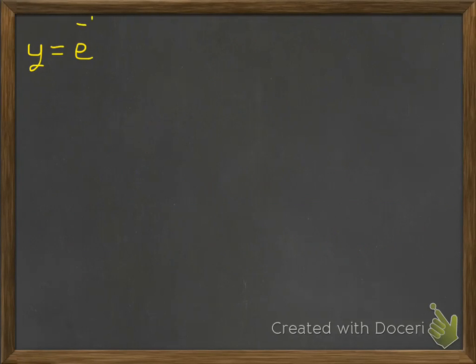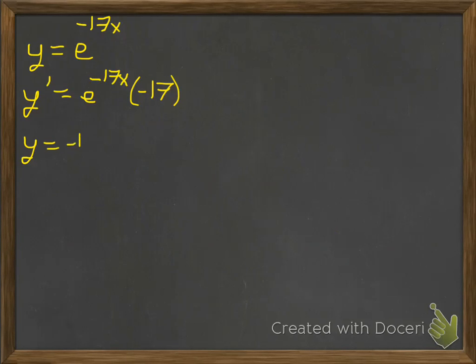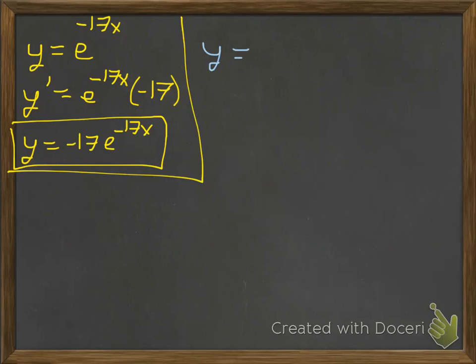So y equals e to the, I think it's a 17x, so negative 17x. So derivative will be e to the negative 17x times the derivative of negative 17x, which is just negative 17. So the derivative there is negative 17 e to the negative 17x. Okay, let's try another one.